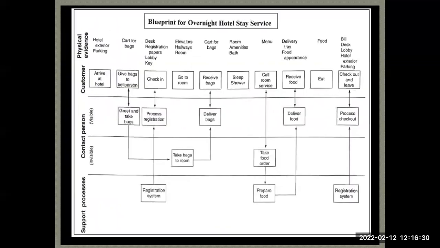Suppose you go to any hotel. This is a blueprint for an overnight hotel stay service. When you go to a hotel and you want to stay there for one night, in the first place you will go to the hotel exterior parking. Then you will arrive at the hotel.